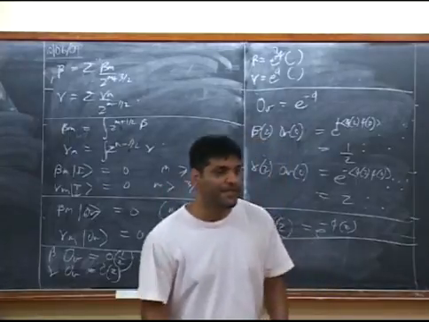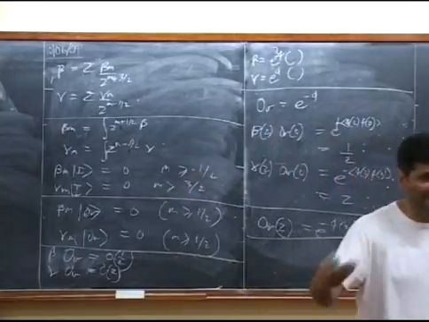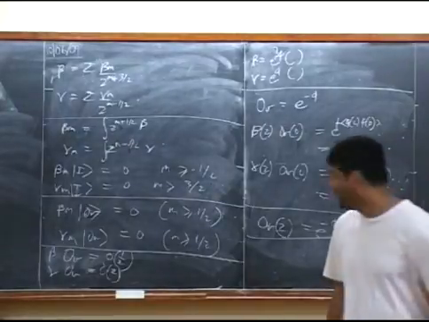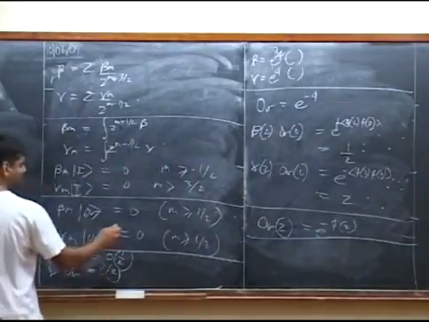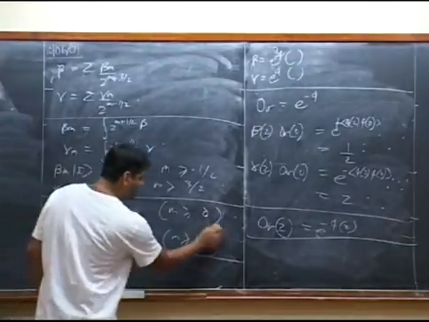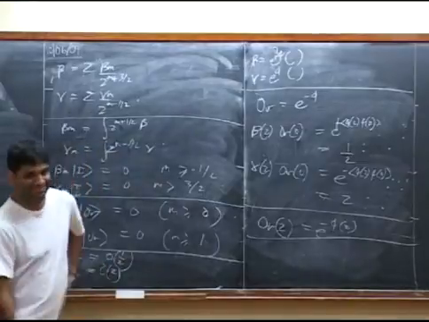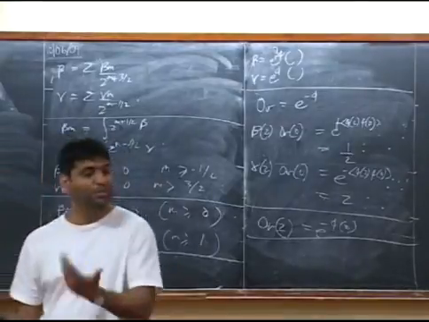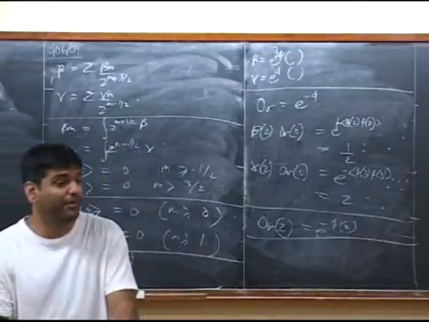We make the choice that is the supersymmetric partner of what we had in the BC system. That is, we make the choice that beta n on OR is equal to 0 for n greater than or equal to 0, and gamma n on OR is equal to 0 for n greater than or equal to 1. This is just the supersymmetric mirror of what we had in the BC system.